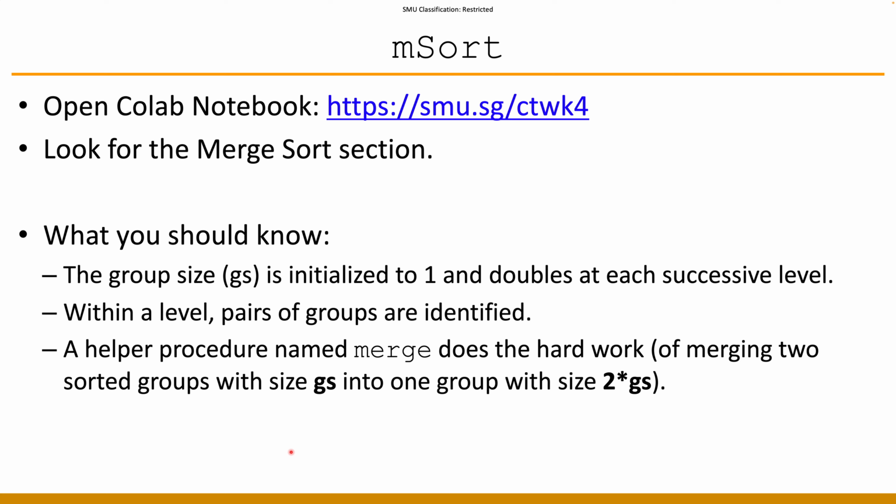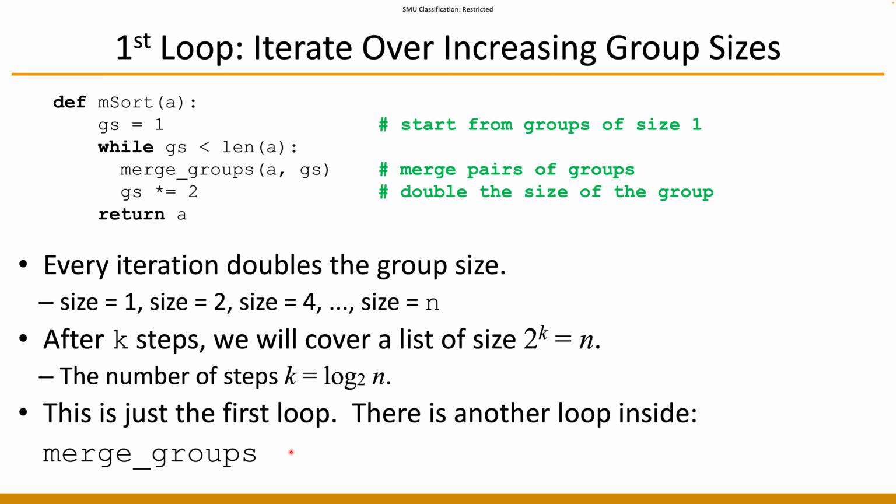So let's see how it works. At the highest level of the function design, we adopt multiple helper functions so we can keep our logic simple. The highest level illustrates the skeleton of our algorithm design. We start with group size 1, and we are given this particular list A, which is originally not sorted. This GS will keep increasing until it goes above the length of the list, which is n.